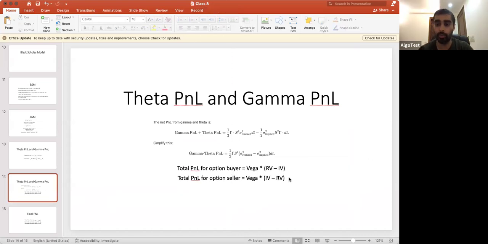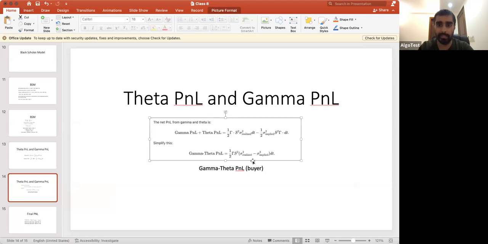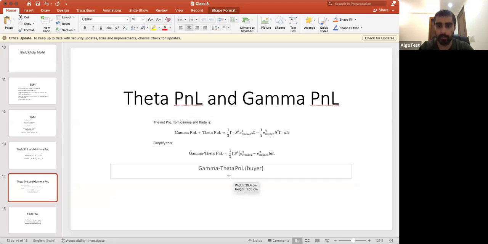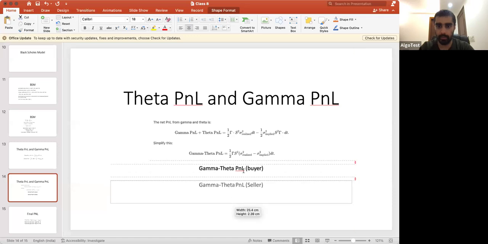Whatever you're getting as theta, you're paying as gamma if IV and RV are the same, and it's entirely driven by the difference. So the gamma theta PNL for the buyer is above. This is essentially the gamma theta PNL for the buyer, and the gamma theta PNL for the seller is going to be exactly this equation, but with IV and RV reversed, right?